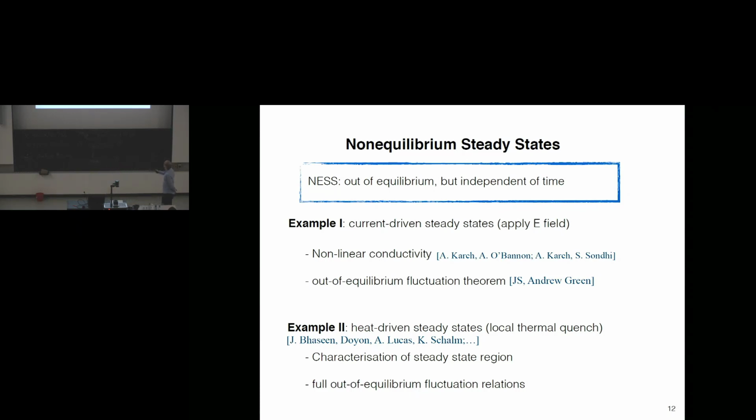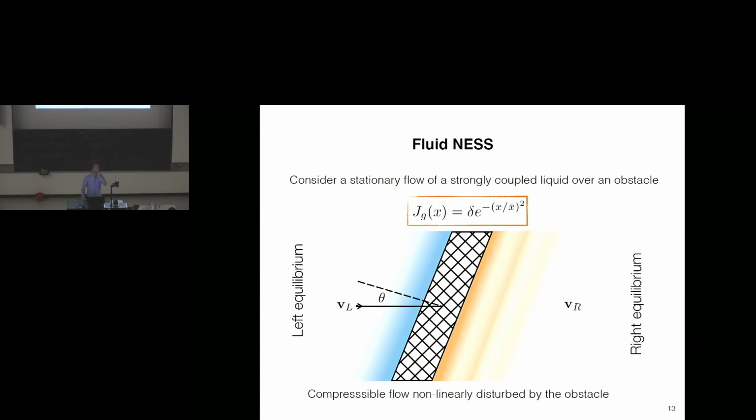So what I'm going to do now is add to these examples of non-equilibrium steady states a third example, but I'm going to focus on the spatial structure of these steady states. So here is what we're going to do. This is less of a schematic. This is actually what happens spatially. We have this left equilibrium, which is characterized, let's say, simply by the flow velocity V_L.